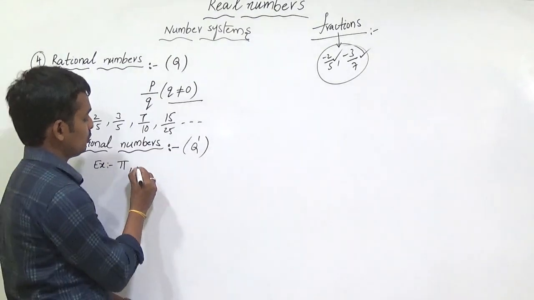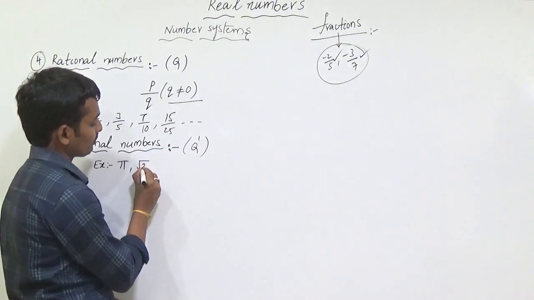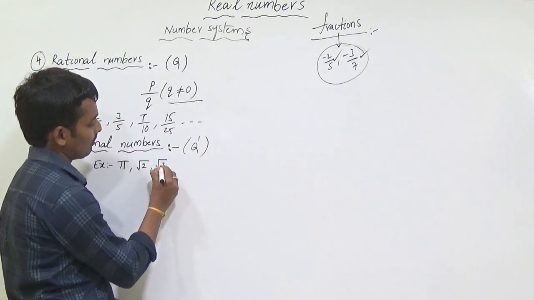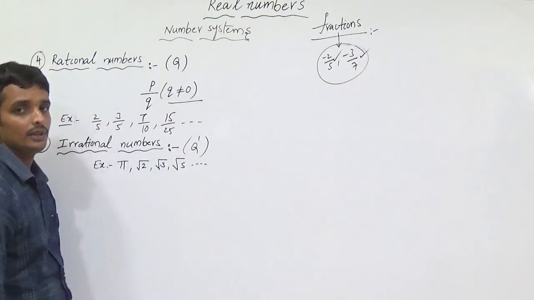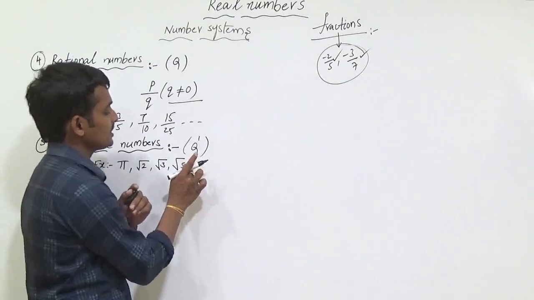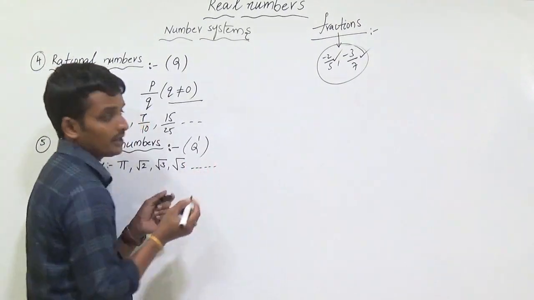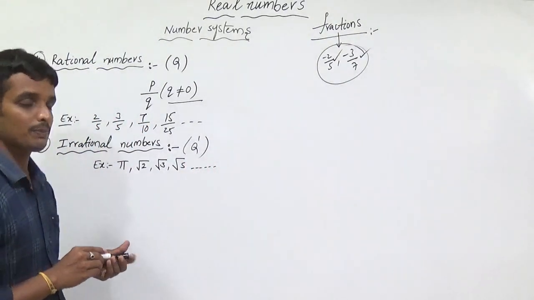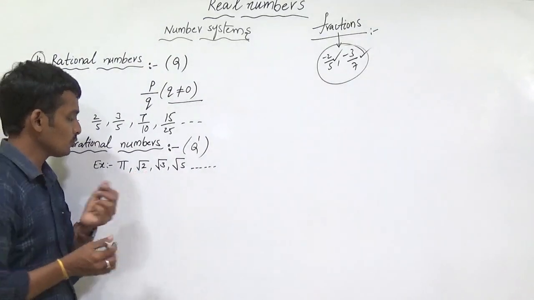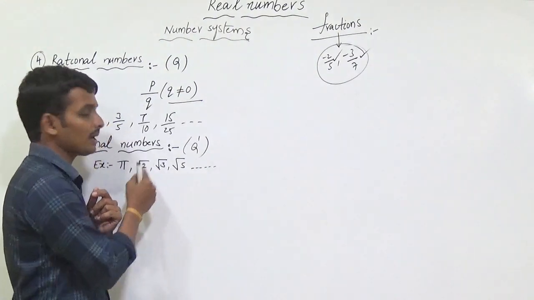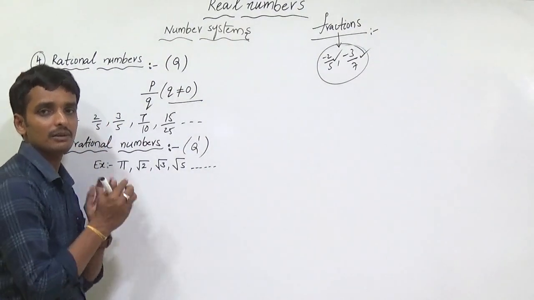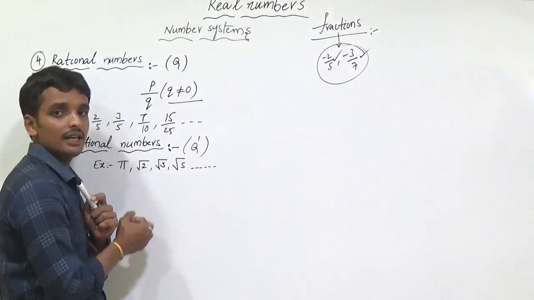I am writing root 2, root 3, root 5 and so on. These are examples of irrational numbers. So I explained about pi. Root 2: 2 is a prime number, and if you apply the square root to a prime number, it is an irrational number.